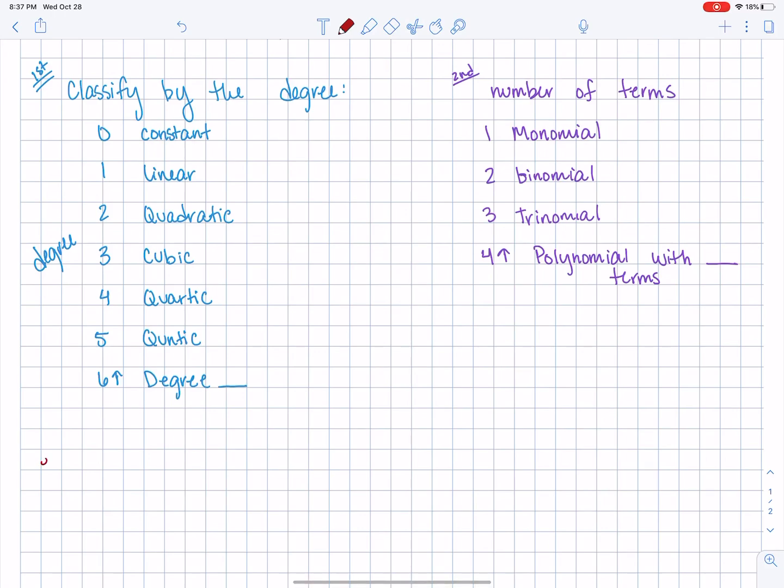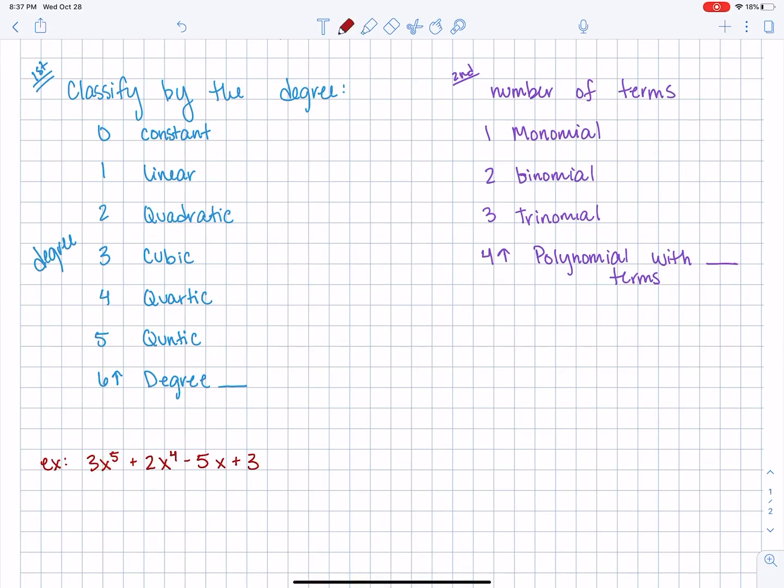All right, and you might have all sorts of things. So, for example here, we might have something like 3x to the 5th plus 2x to the 4th minus 5x plus 3. And looking at this, it has the leading exponent of 5, or the highest exponent is 5, and it has 1, 2, 3, 4 terms.